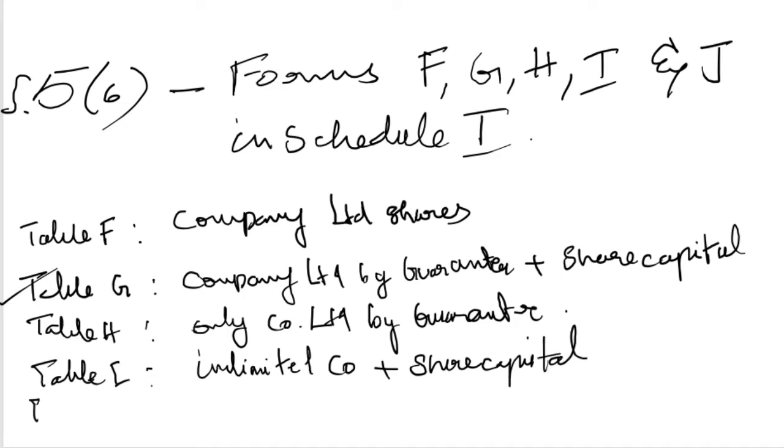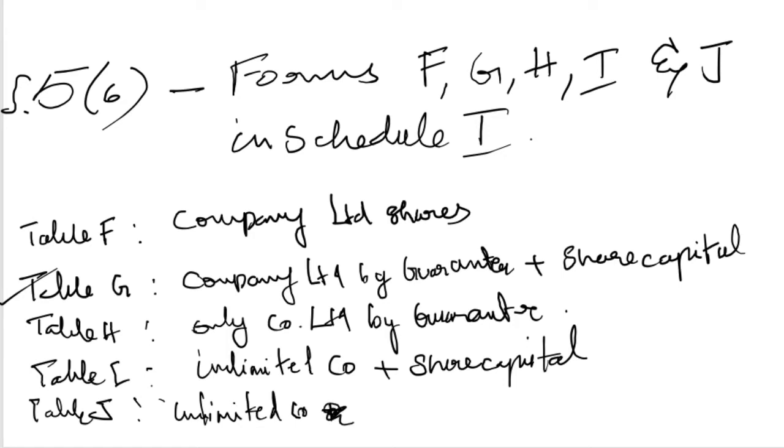Table J is the form of articles of association that is applicable to an unlimited company and not having a share capital.